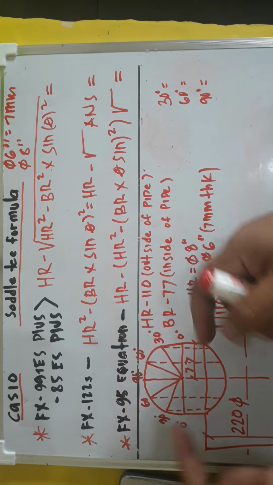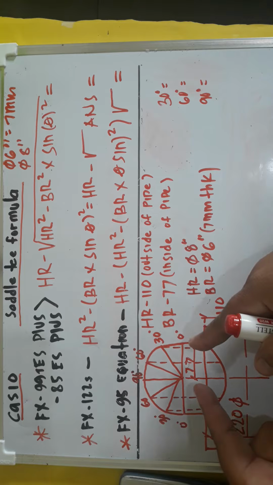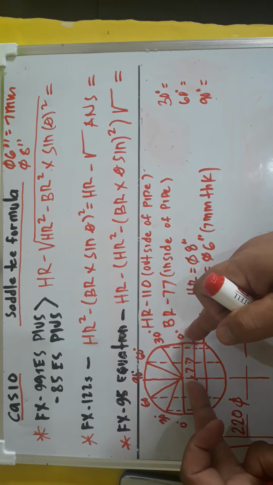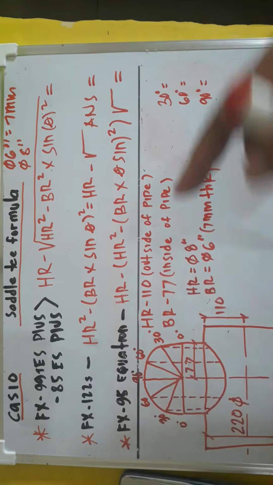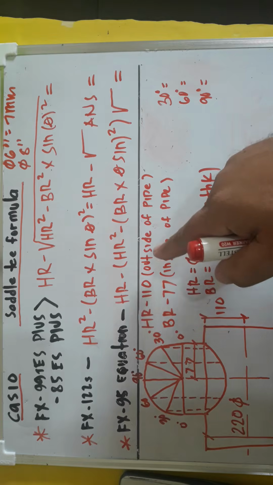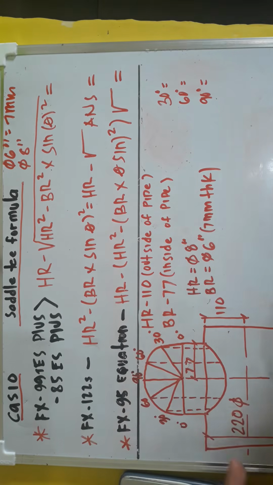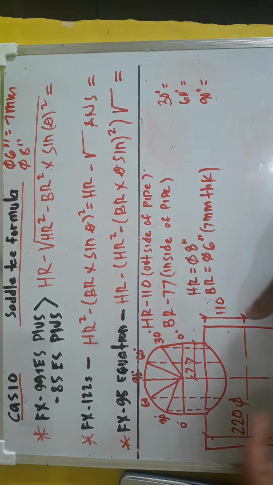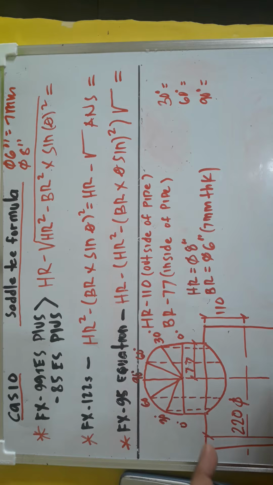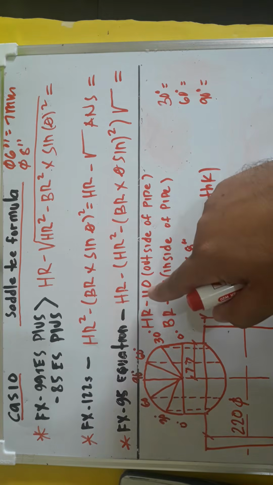Then you divide it by 2, that's why we have a 77, the inside radius of the branch. So the radius is 110 for the outside of the header. That is 220, then you divide it by 2. That's why our header radius is 110.